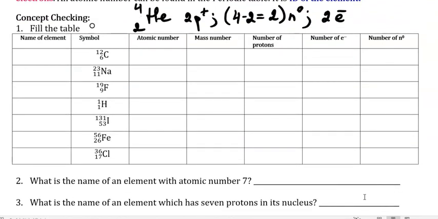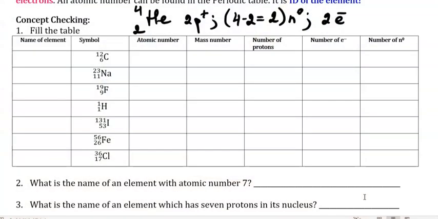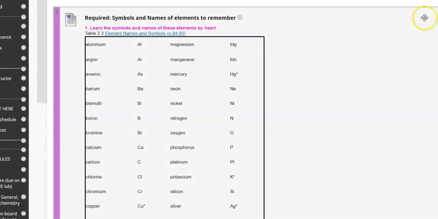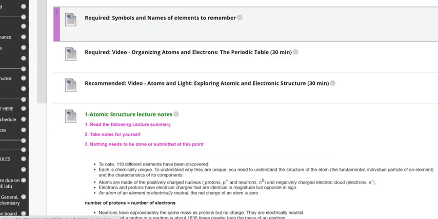So, let's do some examples in your homework. The first element here we can see is C, and I'm going to show you your content here, and there is a module, required symbols and names of elements to remember.